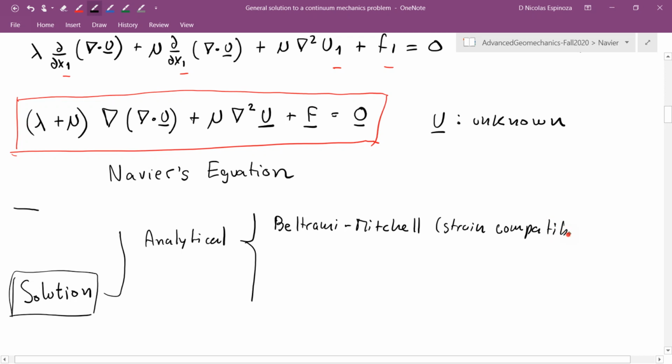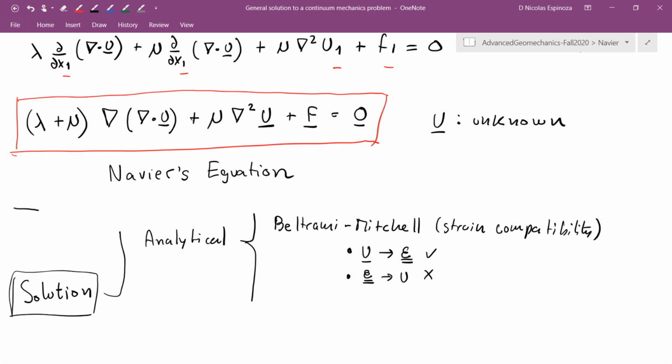The compatibility, this long word, that is going to help you to solve this problem. Because as we have seen, calculating strains from displacements is quite straightforward. However, calculating the displacements from strains is not. So that's what the Beltrami-Mitchell equations help you for.